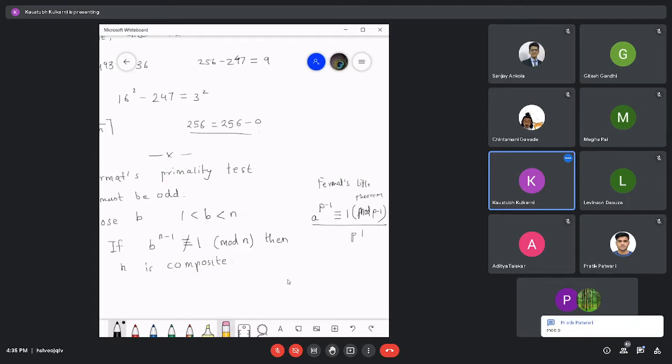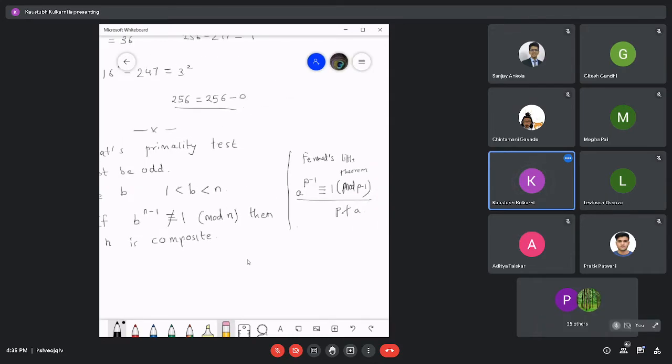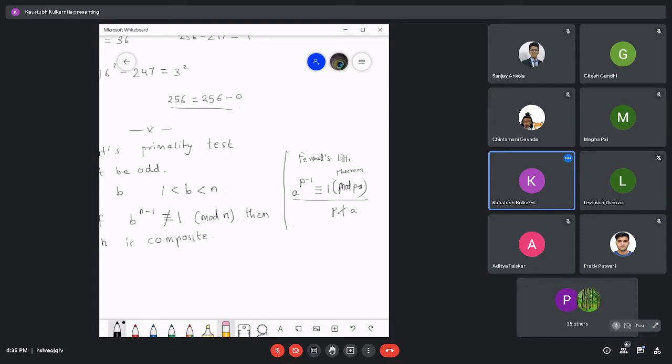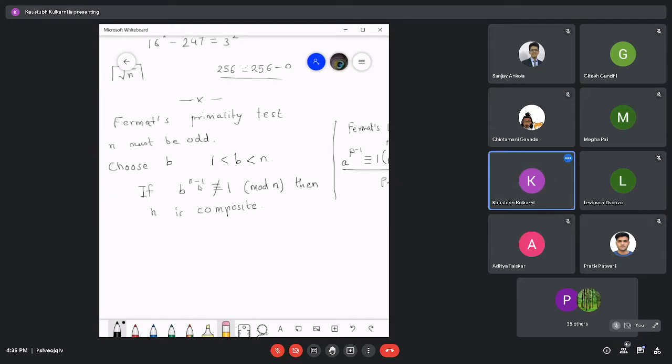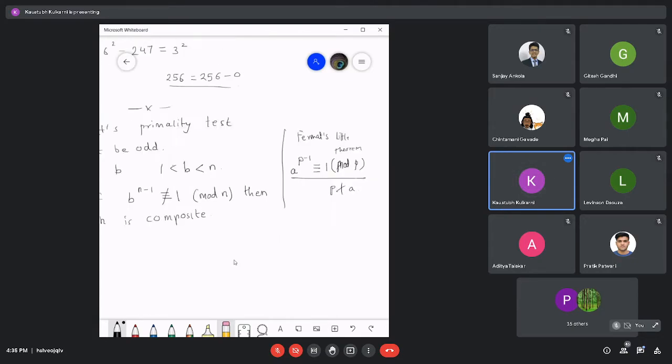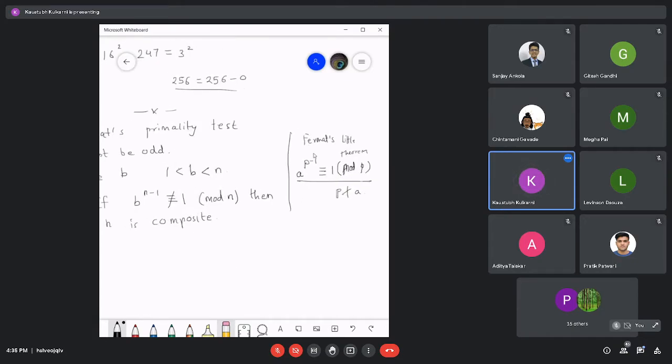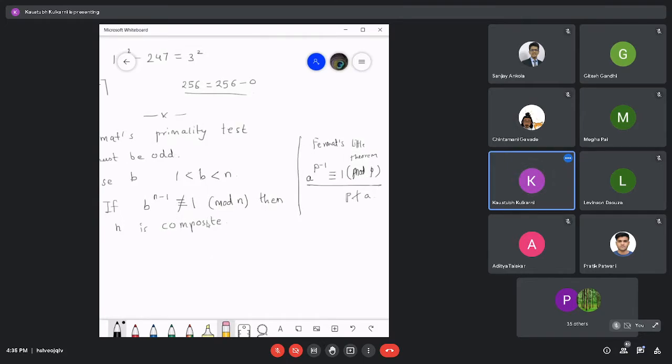Sorry, this is mod p, not mod p minus 1. So if this theorem does not hold, we used n here, and b. Just see the analogy between the two theorems. This is the Fermat's primality test, which is based on Fermat's little theorem.